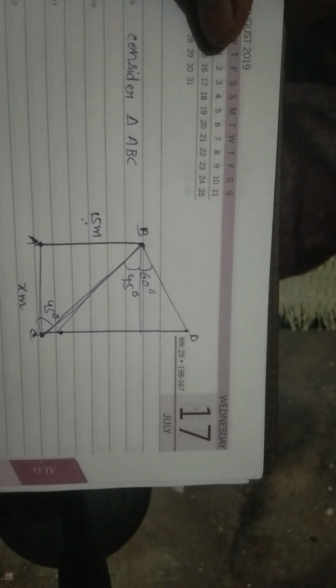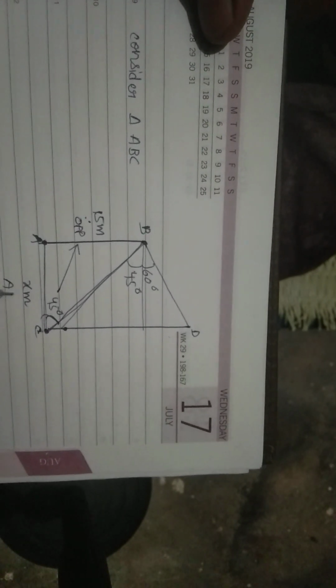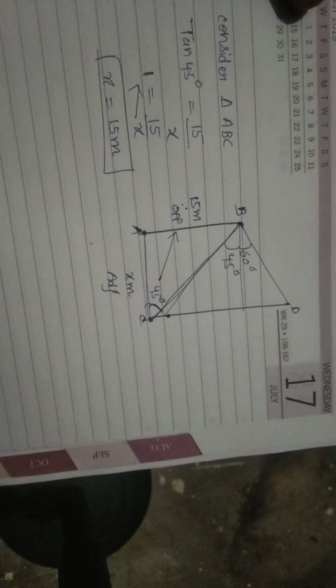In this triangle, for the angle here, this side will be the opposite side and this side will be the adjacent side. tan 45 is equal to opposite 15, adjacent side x. Tan 45 value is 1, equal to 15 by x. 1 into x, x is equal to 15 meters. So what is the value of x? 15 meters, right? The x value we got is 15.